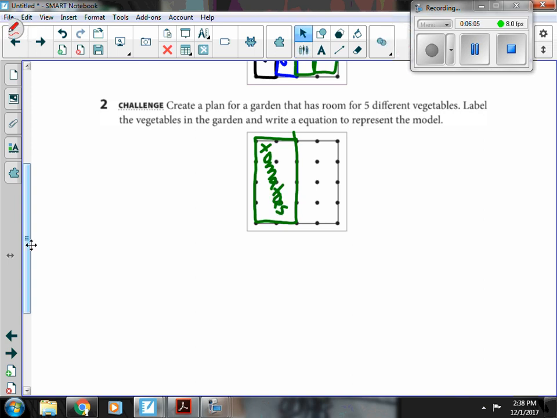I'm going to have 1/4 of my garden be carrots, because I really like carrots too. And then I'm going to have 1/8 of my garden be pumpkins.